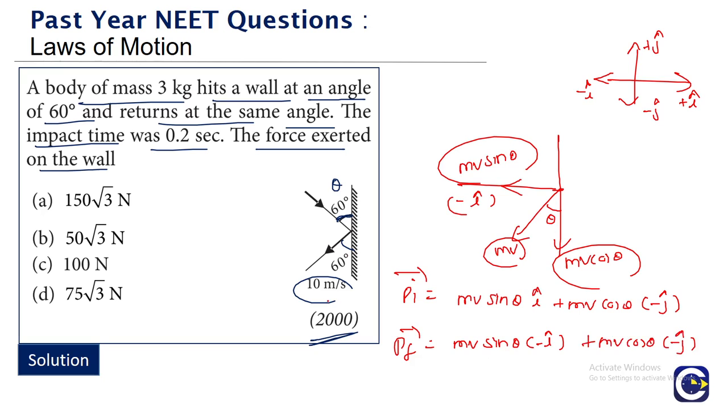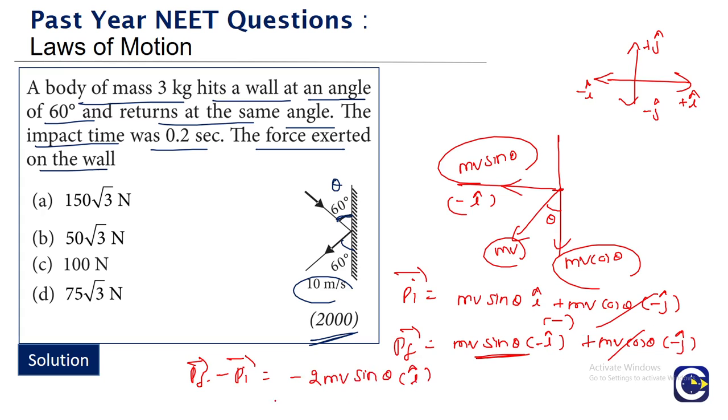Now this body is undergoing a change in momentum. So what is the change in momentum? It is final minus initial, which will be equal to what? Final value minus initial. We'll see that the mv cos theta into minus j cap will get cancelled. So what we'll have is minus 2 mv sin theta into i cap.